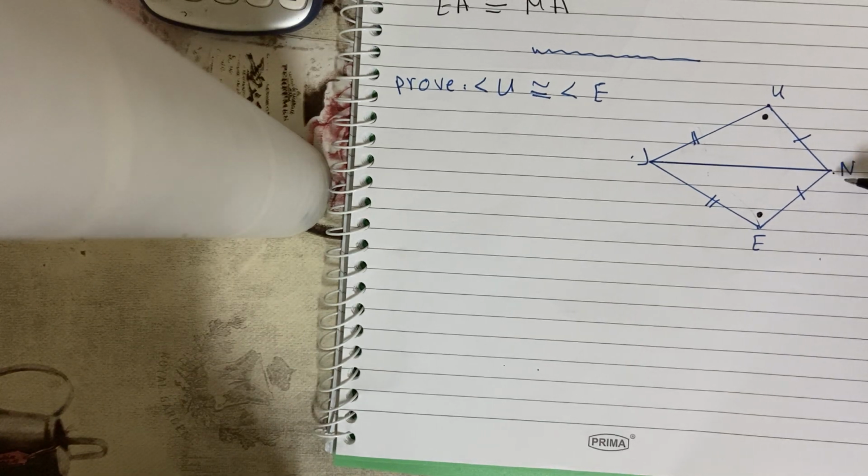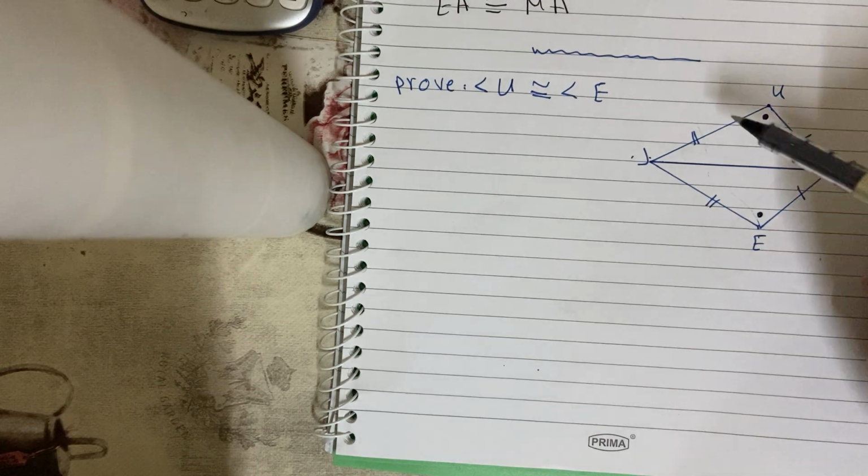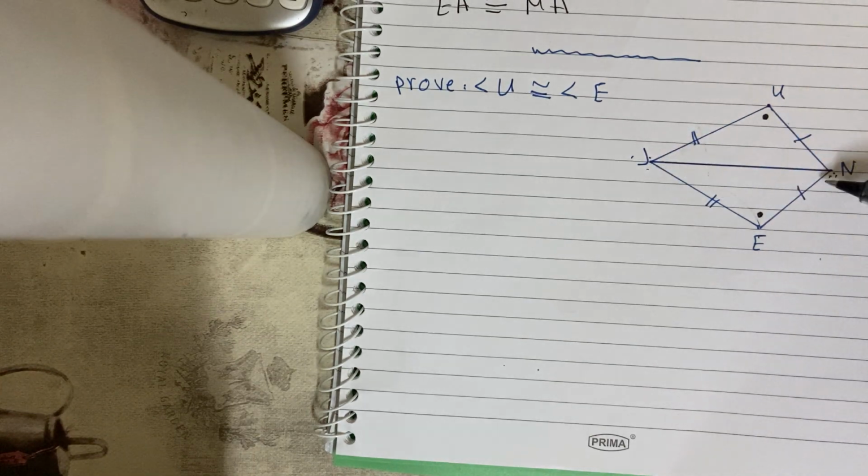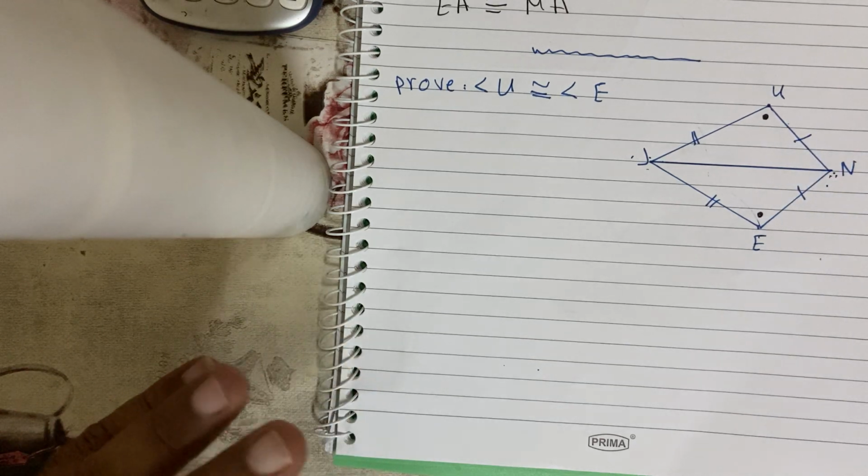UN is congruent to NE, it's a given. UJ is congruent to EJ, sorry. So what about the third condition? Who can tell me? Yes, the third condition is JN is a common side between the two triangles.